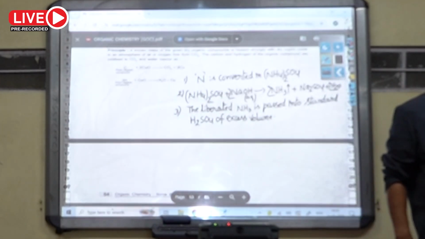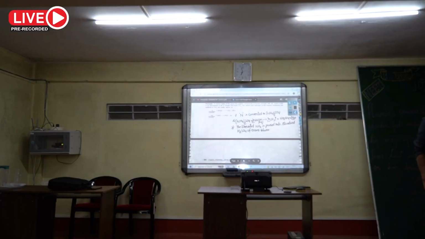This is the third step. What is the meaning of standard here? Standard means, write in the bracket, standard means its concentration is known to us. Its molarity or normality is known to us. So whenever you use a standard acid means it's an acid with a known concentration. Concentration is usually expressed in molarity or normality or molality. Any term you can use.